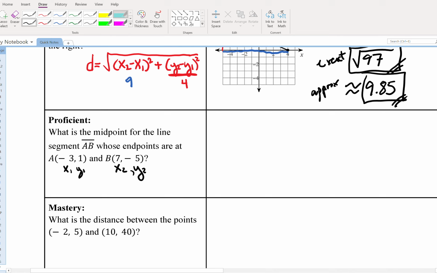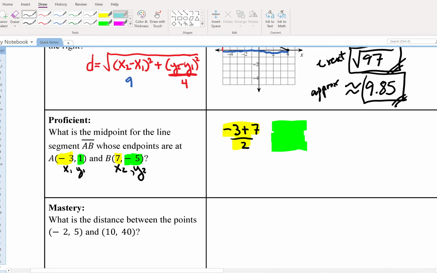And so I just take the average, -3 plus 7, and then divide by 2 for the x coordinates. And then I would do -5 and 1. I'm going to do the same thing over here for y.